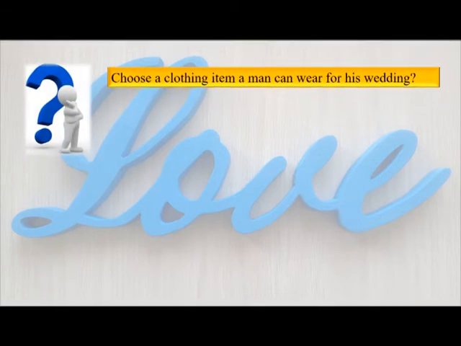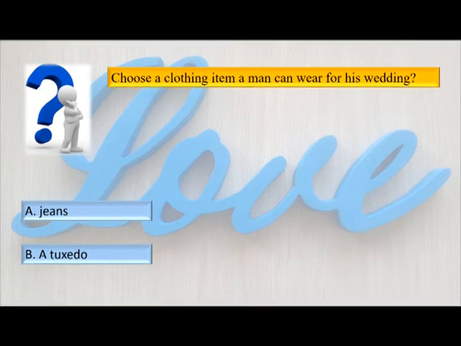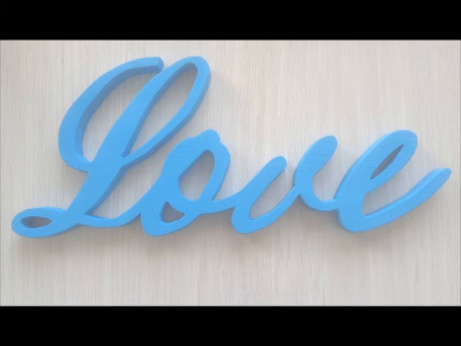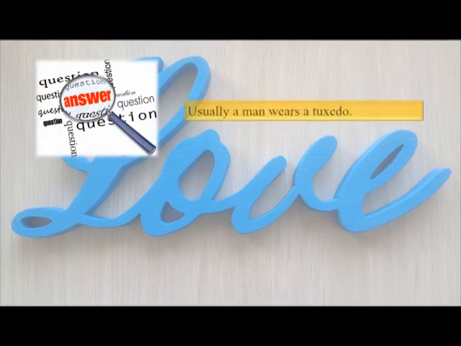Choose a clothing item a man can wear for his wedding. Jeans, tuxedo, t-shirt, or a tracksuit? You know, usually a man wears a tuxedo.